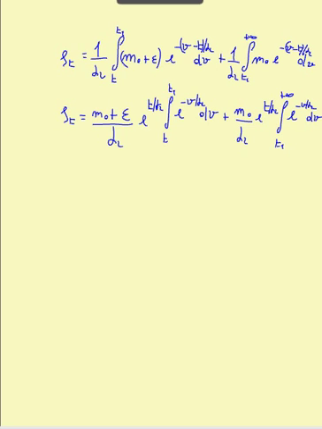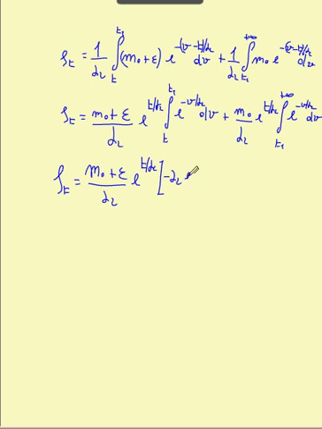So S_t is equal to M0 plus epsilon over alpha 2 e to the power of t over alpha 2. The value of this integral is minus alpha 2 e to the power of minus v over alpha 2 between t and t1.